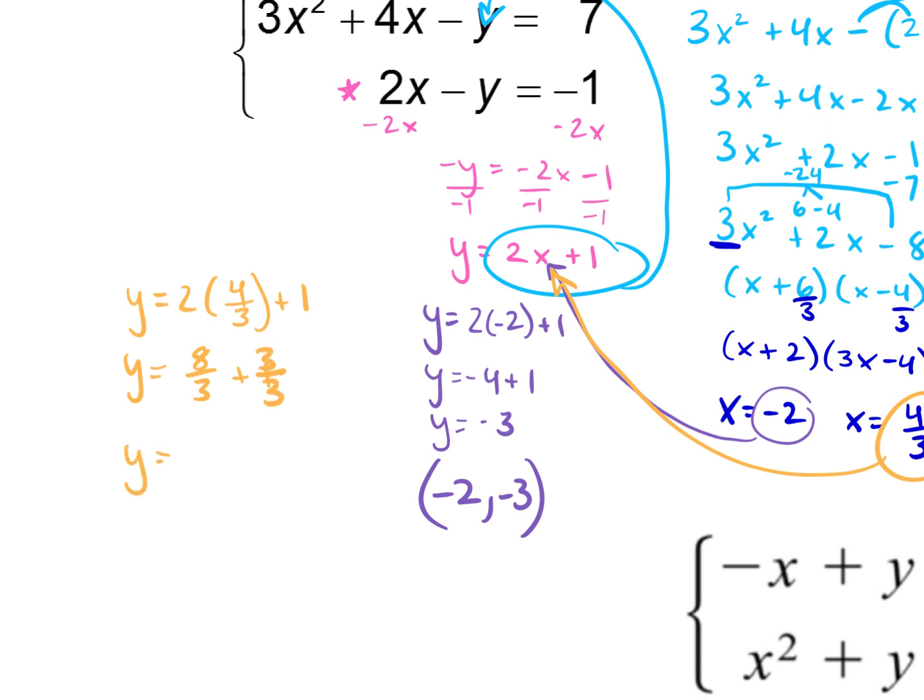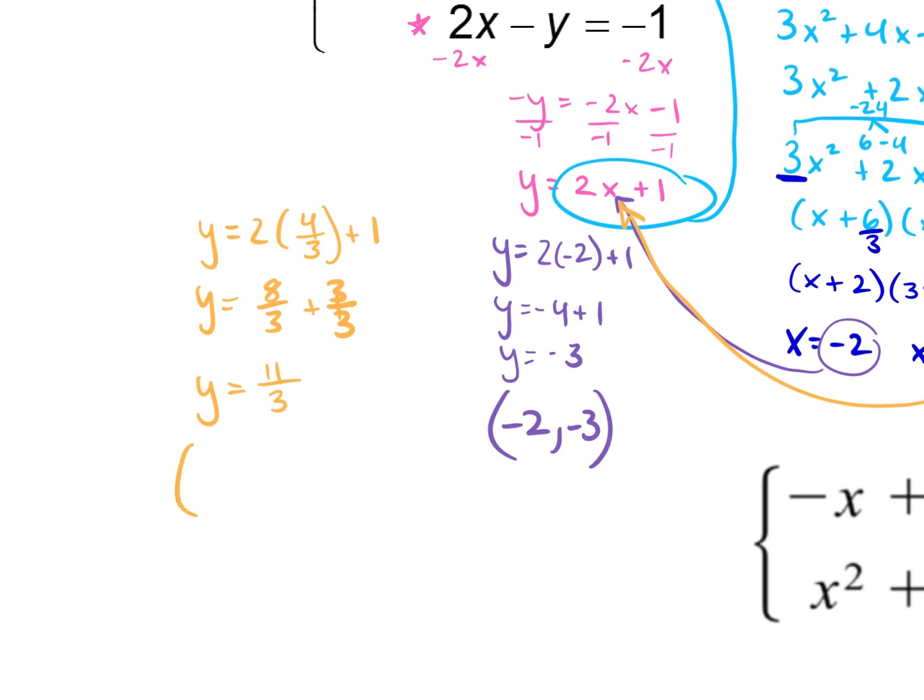So y is equal to 11 over 3. What did we plug in for x? So 4 over 3, comma, 11 over 3. Don't be afraid if you get fractions here. I think fractions will happen often with these types of questions.